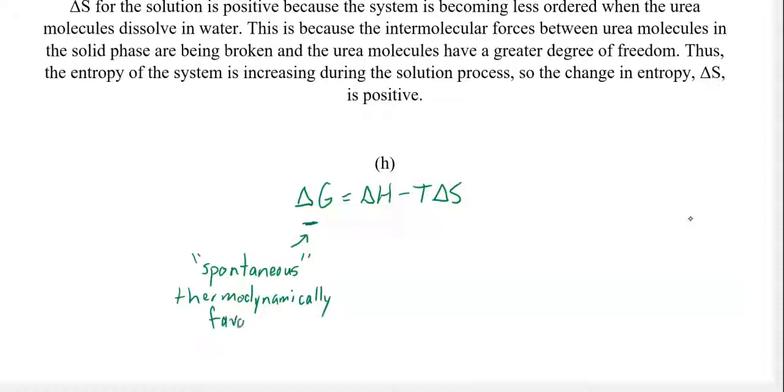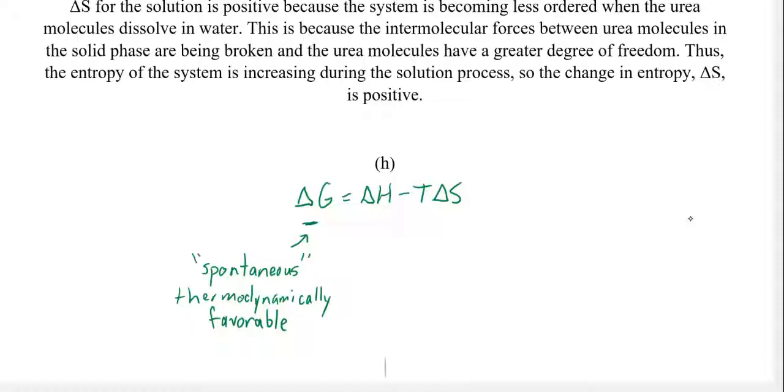It just means that the forward process is favored. It will occur naturally on its own, although it may or may not take a long amount of time. It says nothing about how quickly the process will occur, just that it will occur naturally without any outside intervention.